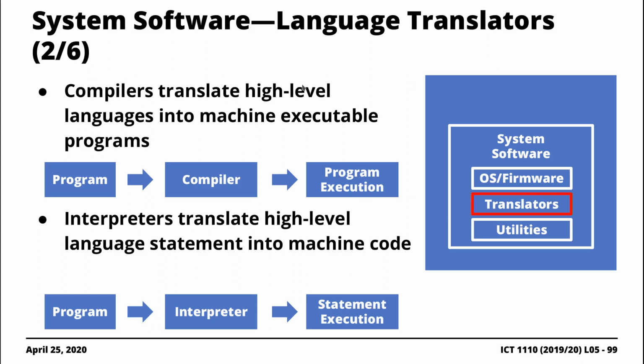Again, in the case of compilers, the output is a machine executable program. In the case of interpreters, the output is individual instructions that are executed by the computer hardware.